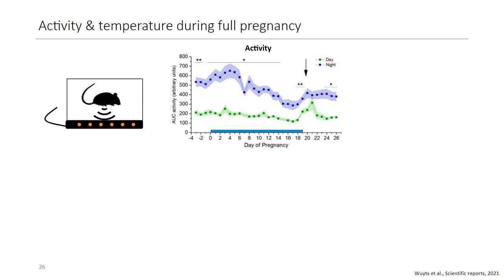So the setup can not only measure glucose, but also activity and temperature. It measures the activity because the receiver contains several points where the signal can be picked up from the transmitter, and the more the mouse moves, the more points where the signal is being picked up, and you can know the activity of the mouse.